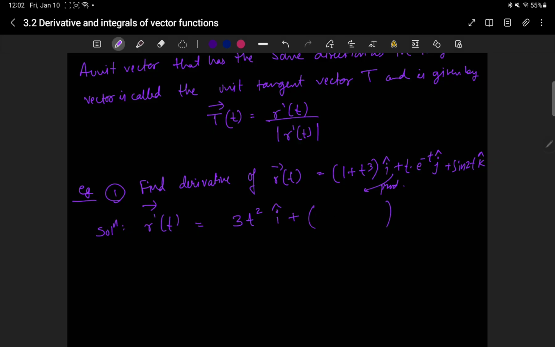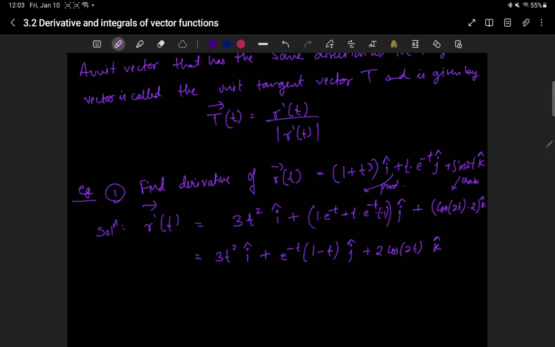So derivative of t, which is 1, times e raised to negative t, plus t, derivative of e raised to negative t, which is e raised to negative t times negative 1, j cap. And chain rule here, derivative of sine is cosine, and derivative of 2t is 2. So clearing out things, 3t squared i cap plus e raised to negative t times (1 minus t) j cap plus 2 cosine 2t k cap.